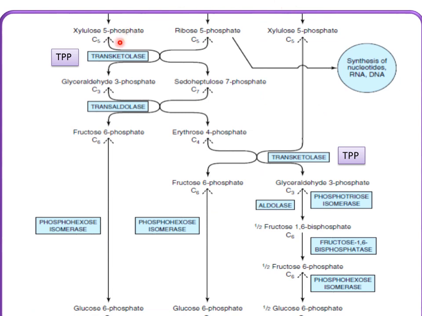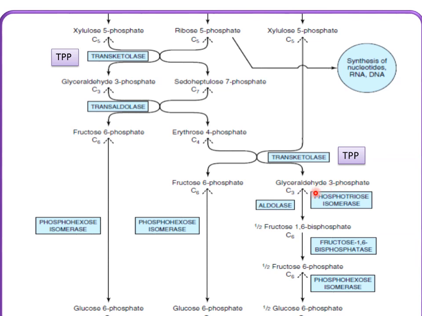Then this xylulose 5-phosphate, ribose 5-phosphate and xylulose 5-phosphate again start a non-oxidative phase where the enzymes transketolase, transaldolase and transketolase act and they form what? Fructose 6-phosphate and glyceraldehyde 3-phosphate.